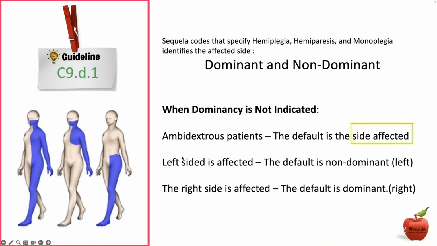It says ambidextrous patients. All right. So before I get to that, dominancy means this is where the stroke happened, right? So if the stroke is affecting your left side, then that is what they're referring to. They're referring to where the stroke is affecting or has affected.